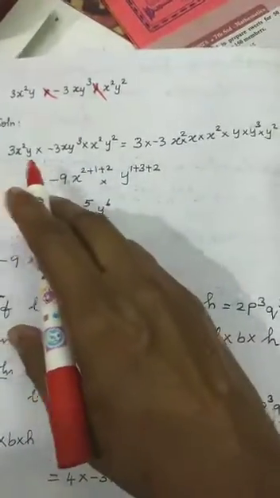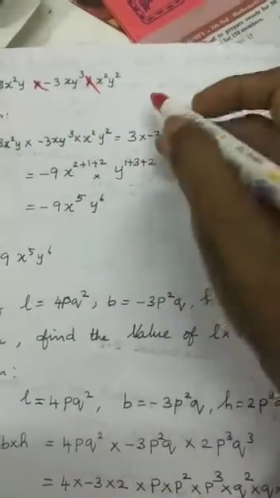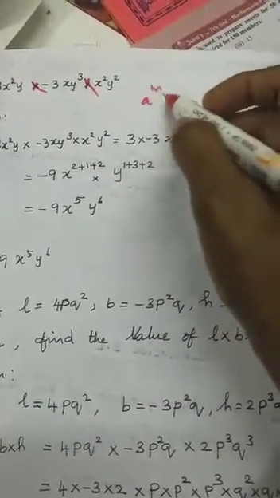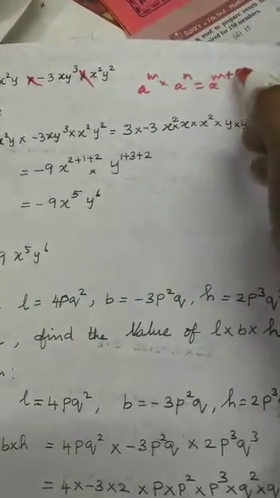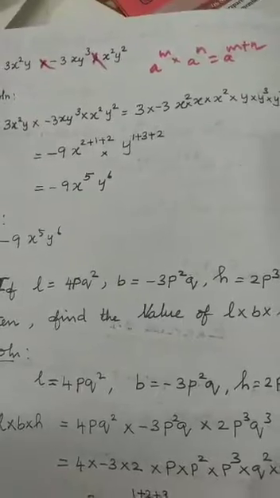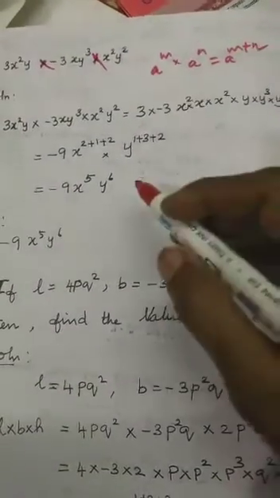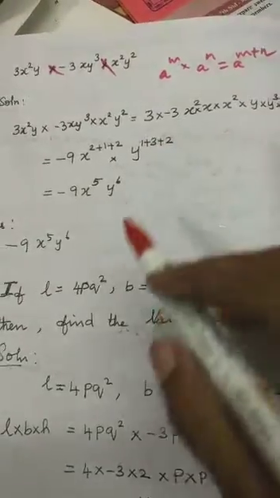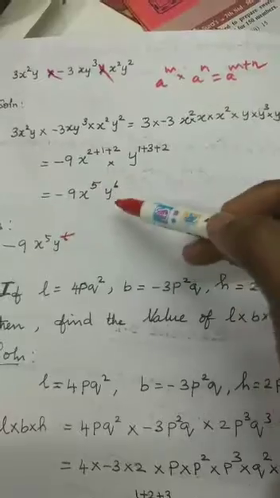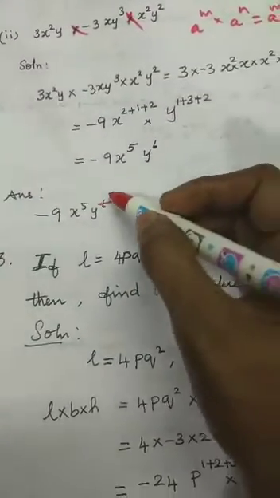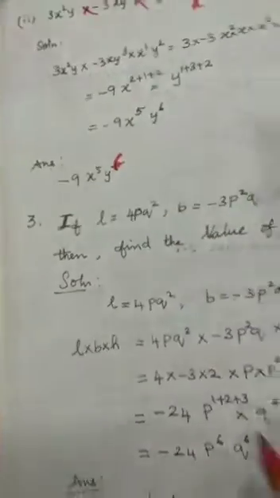Then y cube, y square. Now you add using the formula a power m into a power n equal to a power m plus n. Now minus 9, x power 2 plus 1 plus 2, then y power 1 plus 3 plus 2. So minus 9, x power 5, y power 6. So the answer is minus 9, x power 5, y power 6.